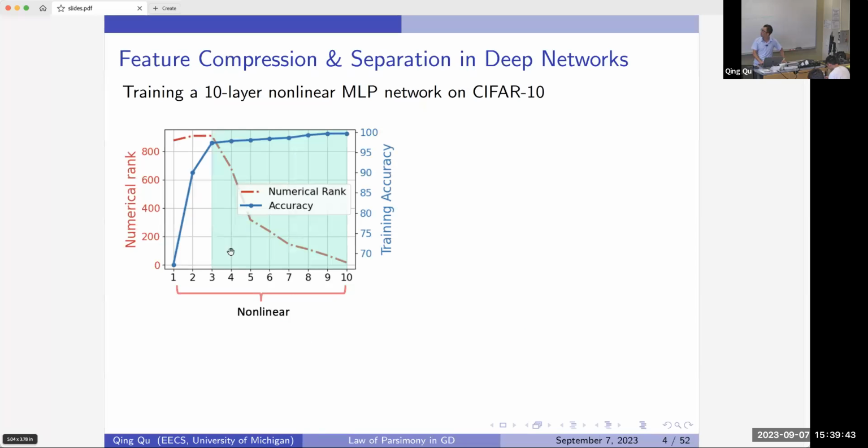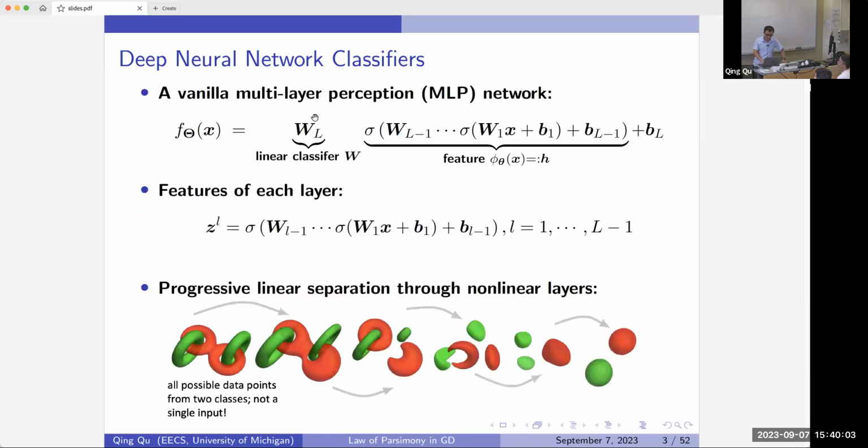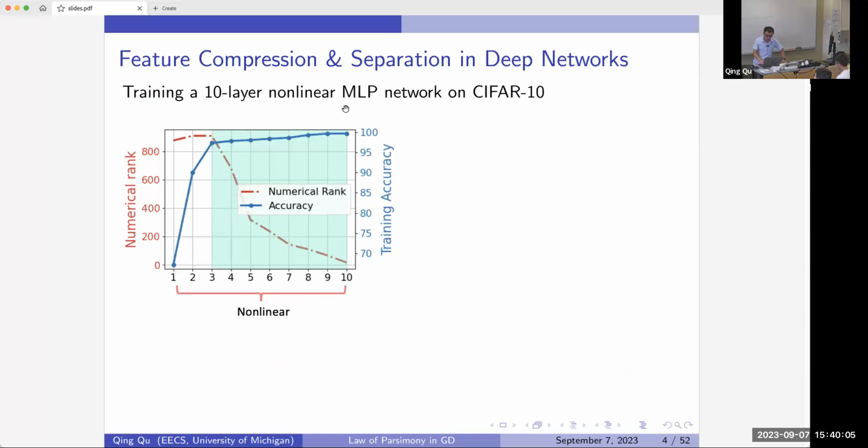Here I want to show you something I find quite interesting, although this result had been previously reported in other papers as well. We train a 10-layer nonlinear multi-layer perceptron network, like what we showed here. This is a very simple network on the CIFAR10 dataset.